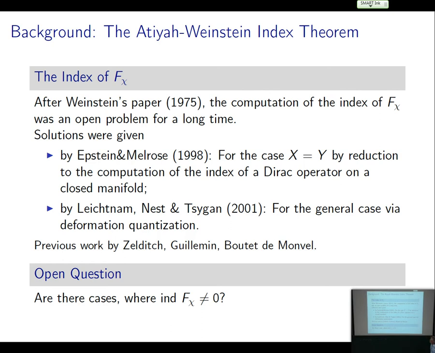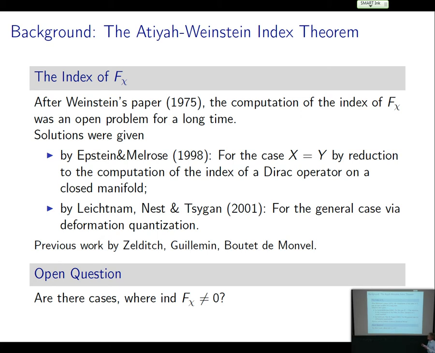Okay, so computing the index of this operator f chi was an open problem for quite a while. There had been work by Seldich, by Gilliman and Boutet-Mauvel, and eventually this was proven. This was solved first by Epstein and Melrose in 1998 for the case where x and y is the same manifold, so basically for Fourier endomorphisms.